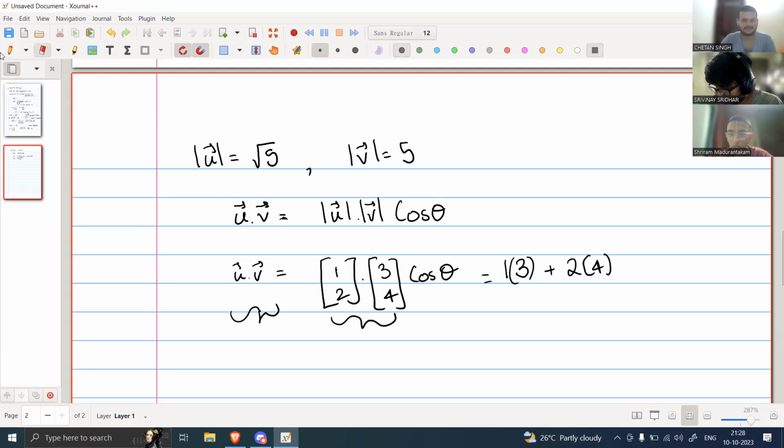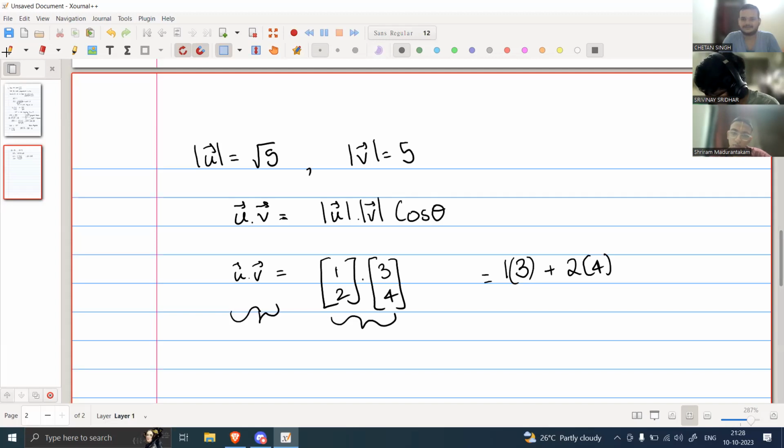So cos theta is a part of it, is it? I was very curious when somebody said we should proceed with the other method, because the dot product of two vectors is quite simple. You just have to multiply the corresponding values of the vectors and sum them up.